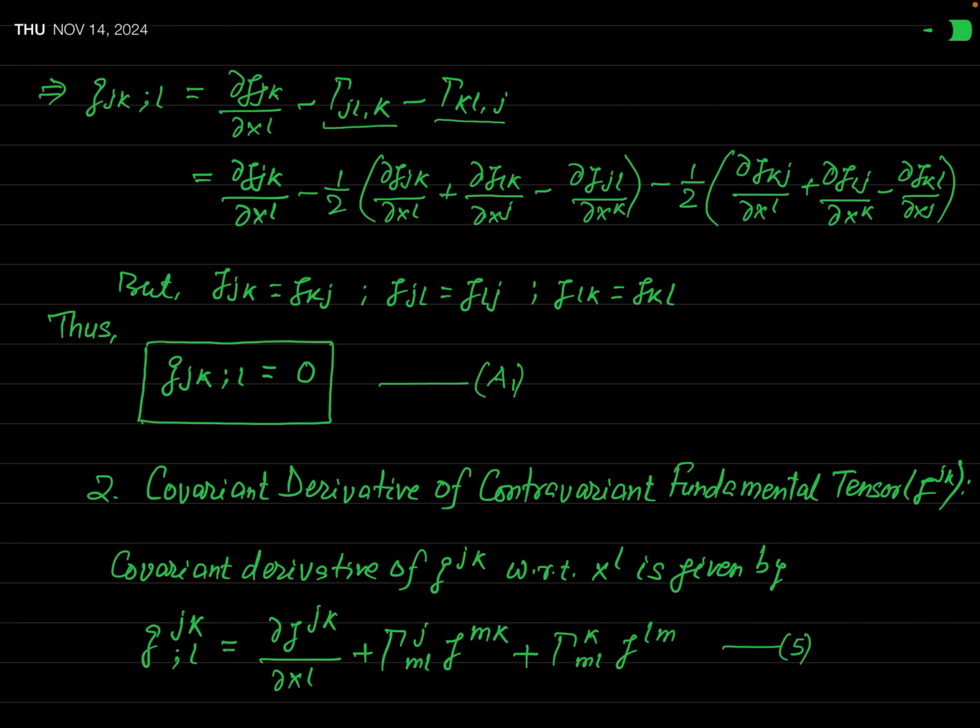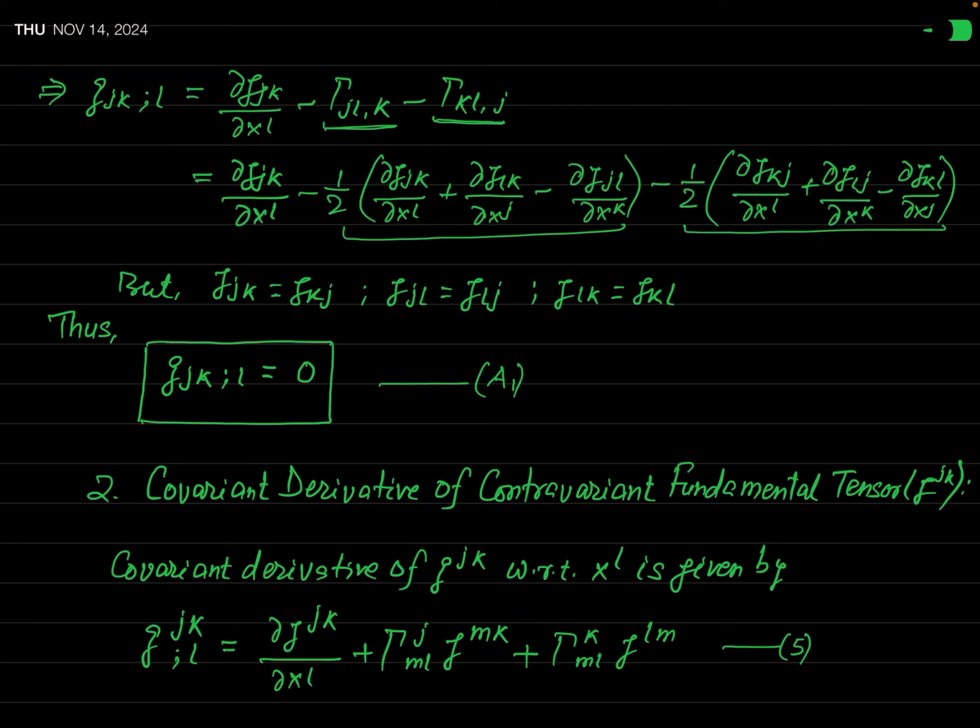Now, what is the definition of this first kind of Christoffel symbol? You have learned earlier. So instead of this gamma JL comma K, now you can write this much. You know, this is just the definition of the Christoffel symbol of first kind. And again, in a similar manner, you can write this for the other Christoffel symbol of first kind.